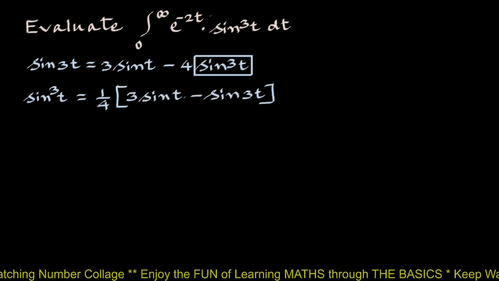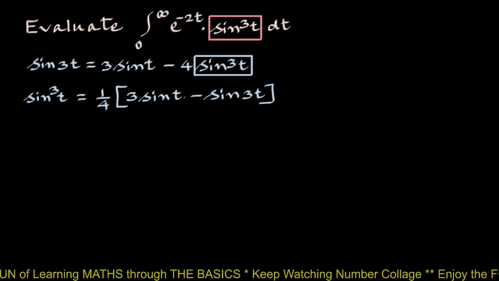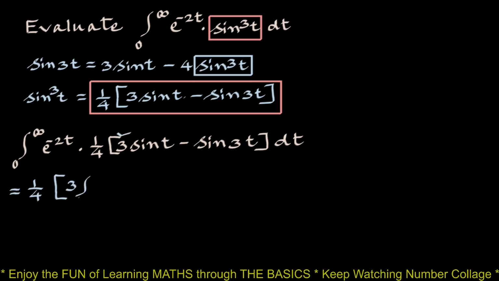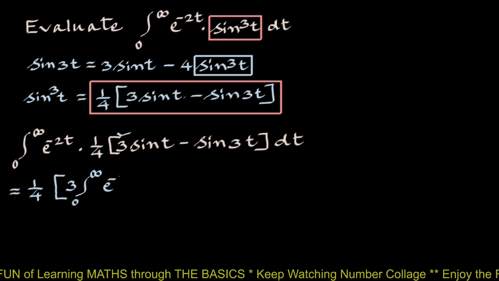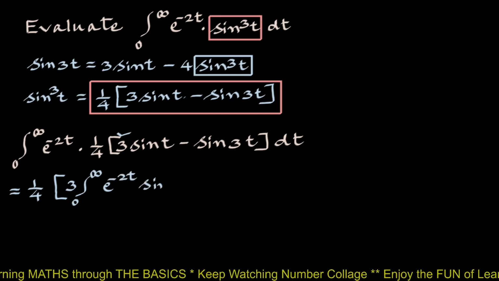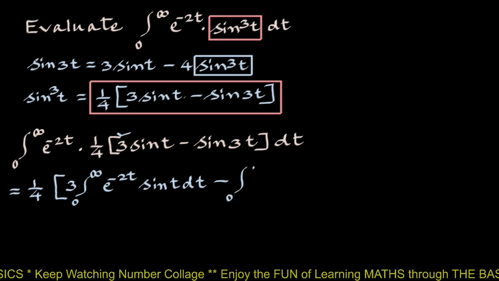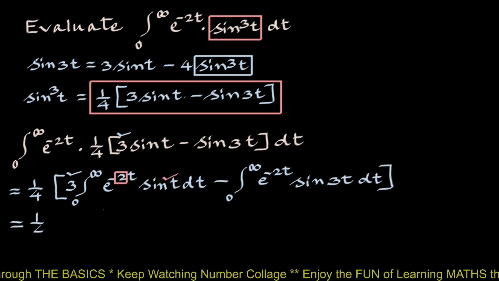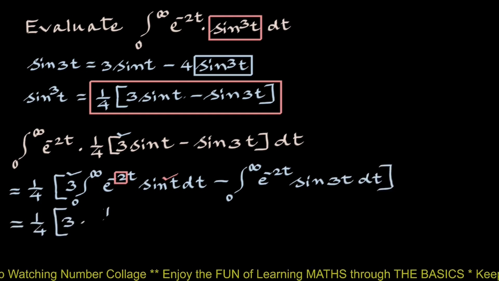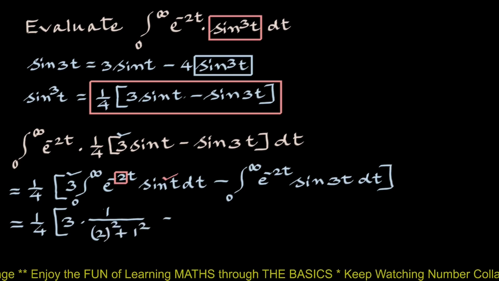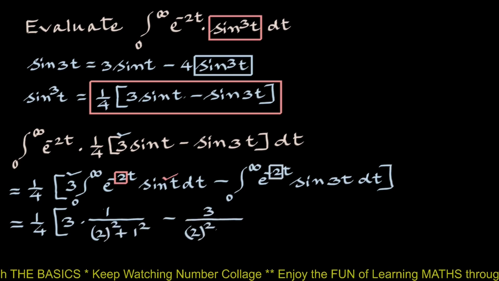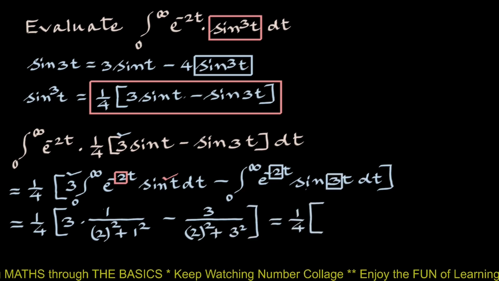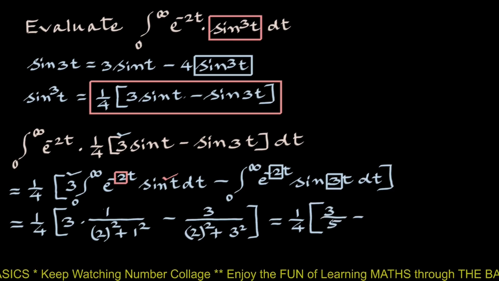So we replace this sin cube t by this expression, which is 1 upon 4 times 3 times the integral from 0 to infinity of e raised to minus 2t into sin t dt minus the integral from 0 to infinity of e raised to minus 2t into sin 3t dt, which is 1 upon 4 into 3 into 1 upon 2 square plus 1 square minus 3 upon this 2 square plus this 3 square, which is 1 upon 4 into 3 upon 5 minus 3 upon 13.